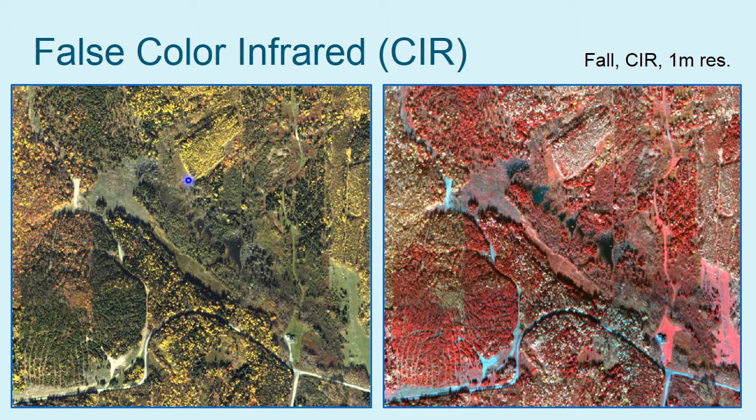So here again we have normal color with RGB, and on the right hand side we have that stand showing whitish because on infrared, this is near infrared, we have yellow showing white and red showing yellow. You can just about make out some red maple down in here above my dot and barely showing yellow above the dot on the infrared side. So again, very useful seasons and also using bands to enhance spectral signatures.